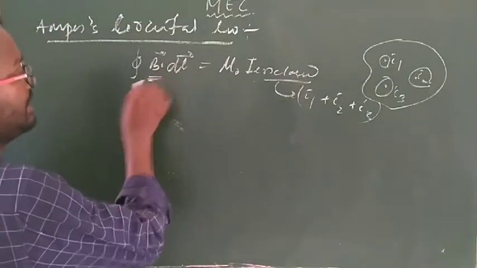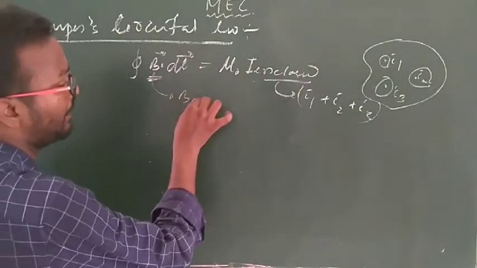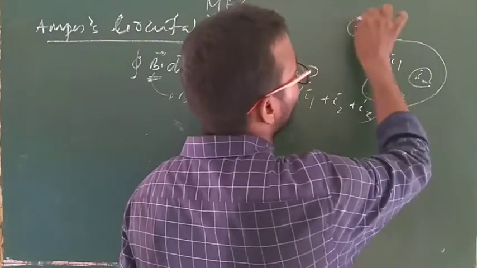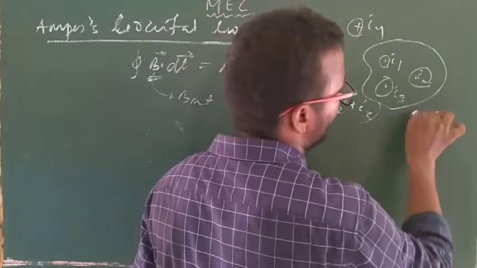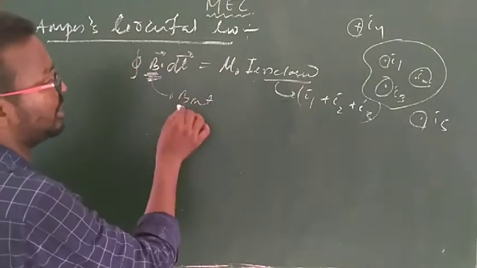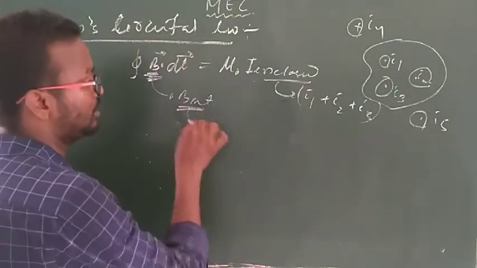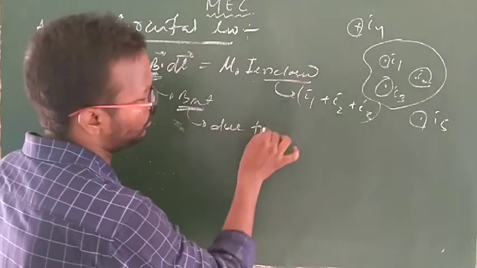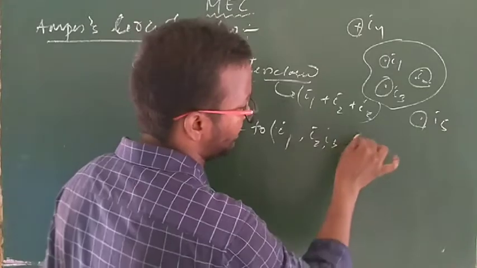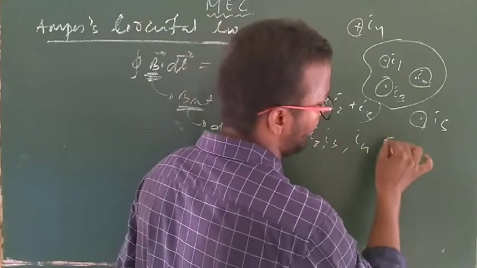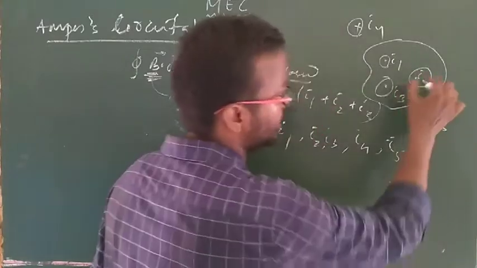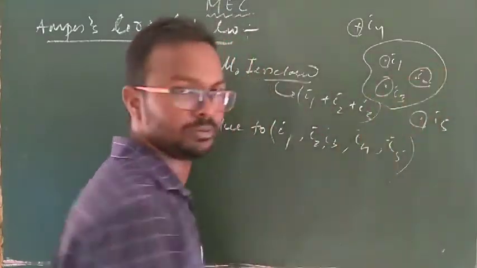Clear? So in this case I enclosed can be written as I1 plus I2 plus I3, because these are all in one direction, coming outward. Clear? And what is B? B means B net. Suppose there is another conductor I4 which is inward, and I5 which is outward. So B net means due to I1, I2, I3, I4 and I5, all the current inside and outside the Amperian loop.